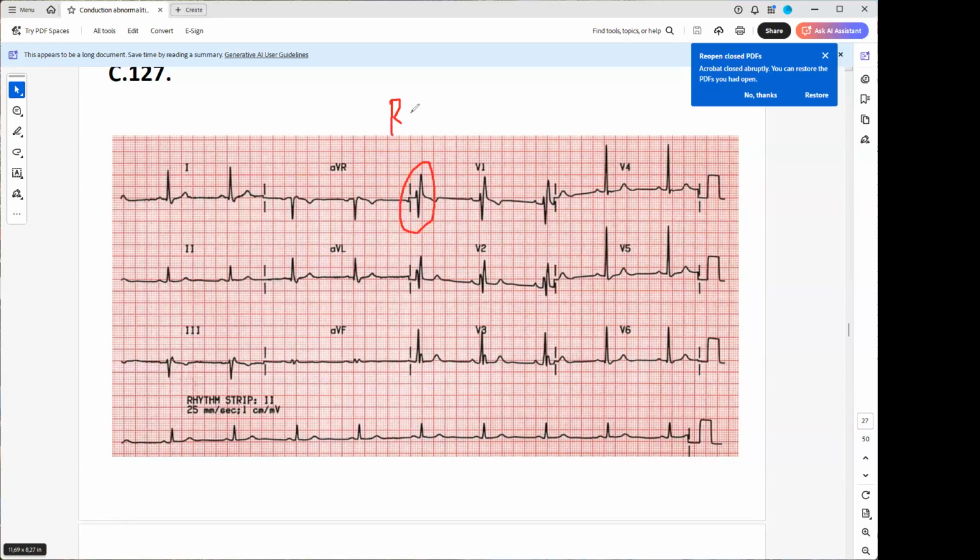This is a right bundle. Right bundle branch block. Good. And you do see the wider S wave in lead number 1 or V5, V6. So that's a simple right bundle branch block, no axis deviation. Period. Very good.